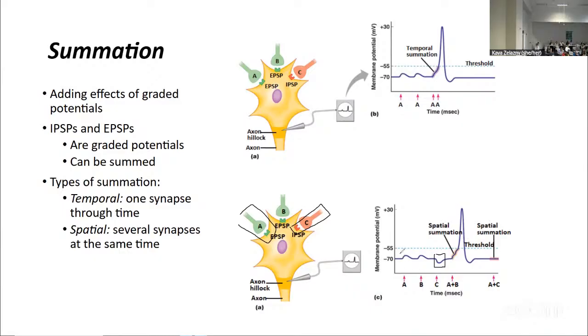So if we were to fire A and C at the same time, that's multiple signals being added together. This is still spatial summation, but this actually leaves us with a flat line membrane potential. They just canceled each other out. So in order to get to threshold, we've got to be adding together the right signals, right? We've got to be adding together multiple excitatory ones.